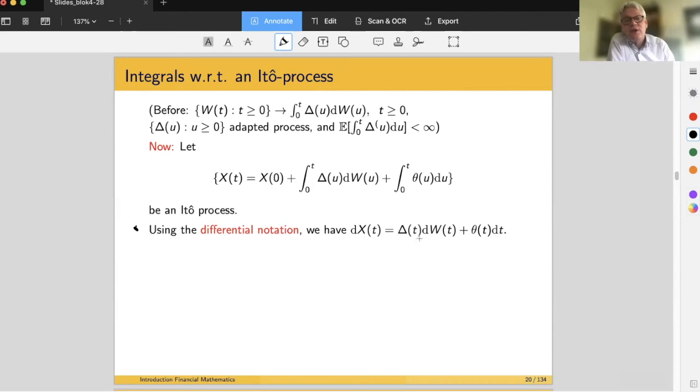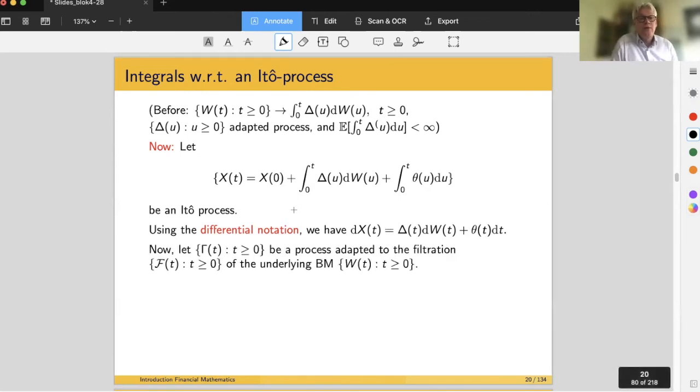So not only a dw term, but we have a dt term added to the Ito process. Now we will have another process, gamma t greater equal to 0. Let that be a process which is adapted to the filtration of the underlying Brownian motion, script f t, t greater equal to 0.